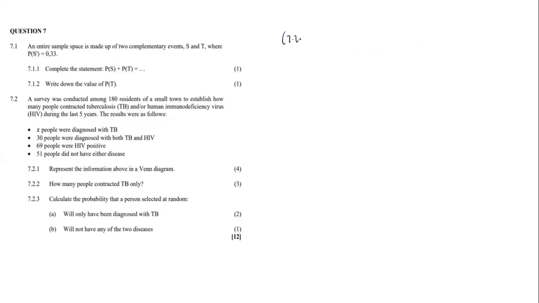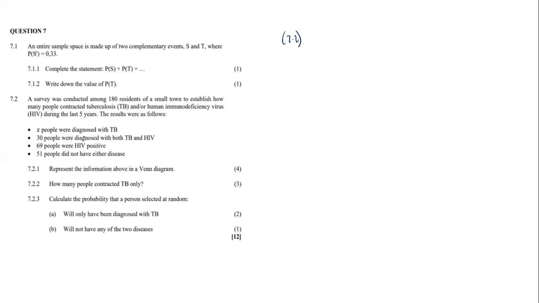Now 7.2 says to us, a survey was conducted among 180 residents of a small town to establish how many people contracted tuberculosis and or human immunodeficiency virus, which is HIV, during the last 5 years. The results were as follows.